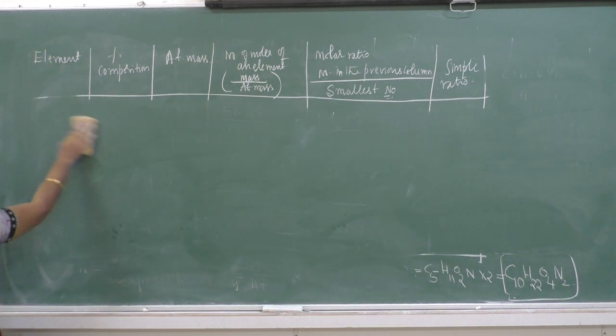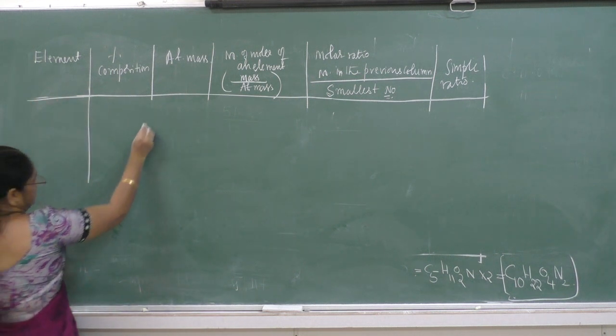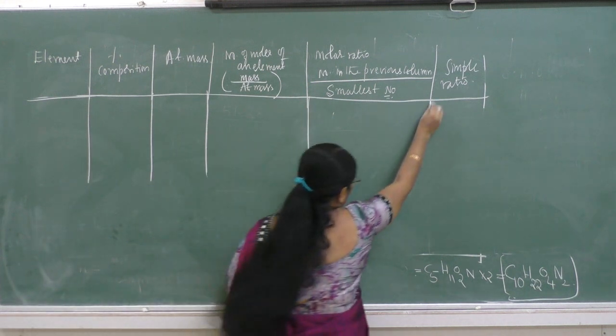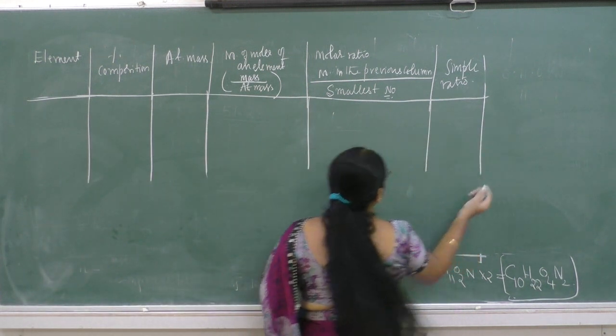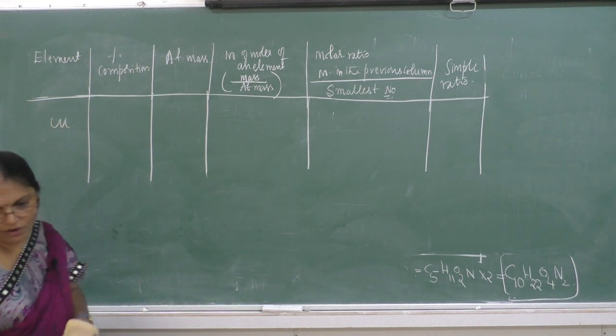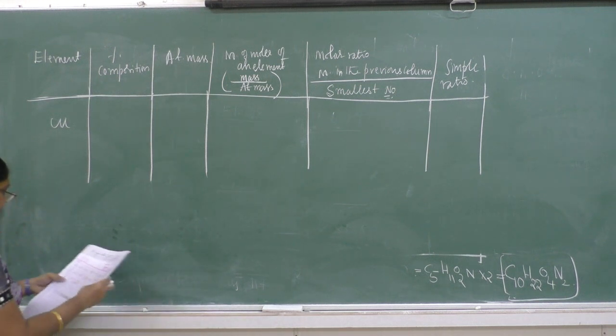In this problem there are only two elements, one is copper and the other is chlorine.